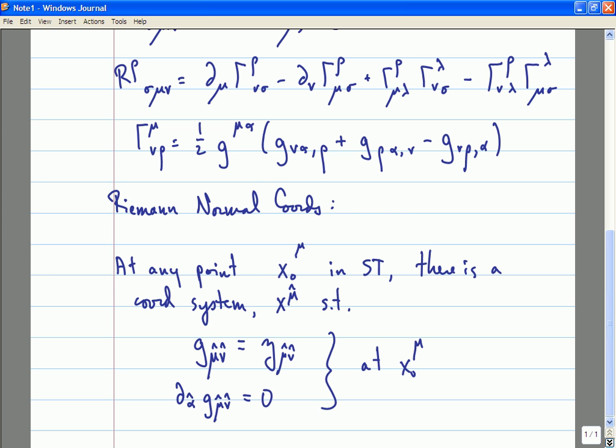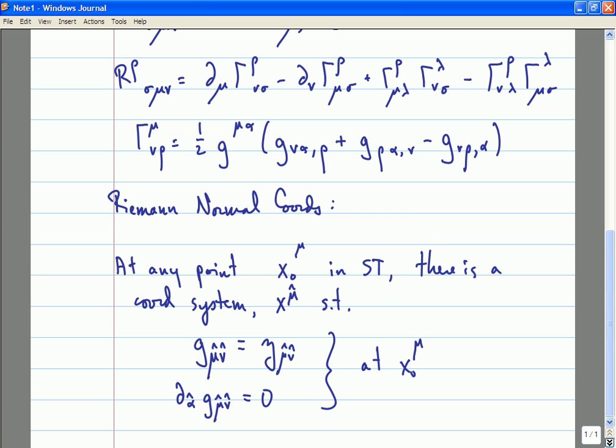I could just define a coordinate system that is freely falling, namely accelerating down with acceleration equal to 9.8 meters per second squared. And then in that coordinate system, Newton's laws would look just like they look if there was no gravity. So that would be a simple example of Riemann normal coordinates.